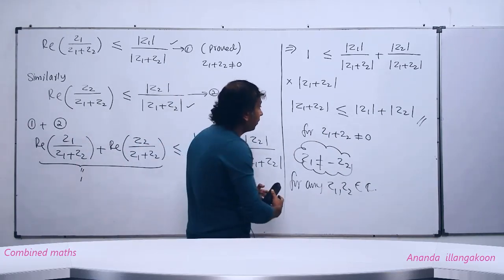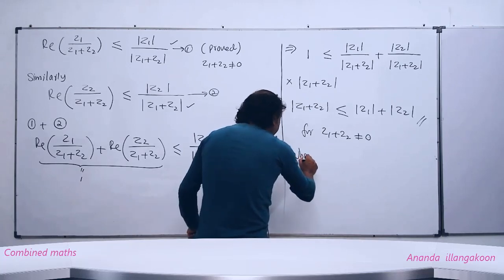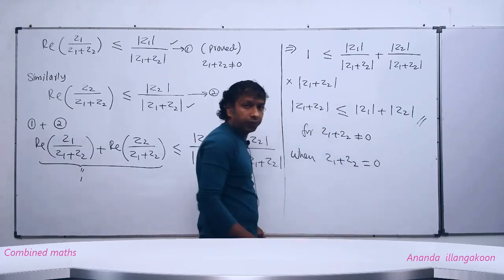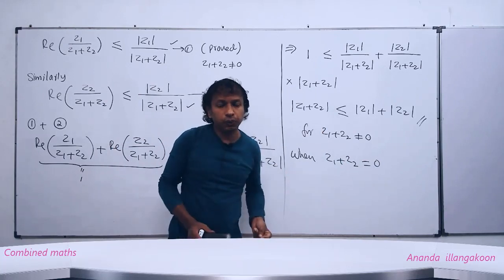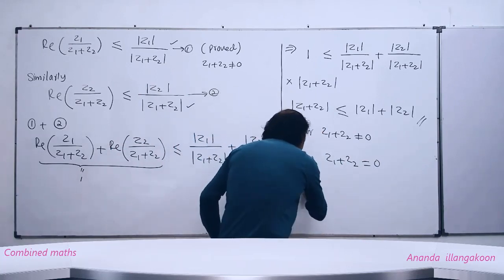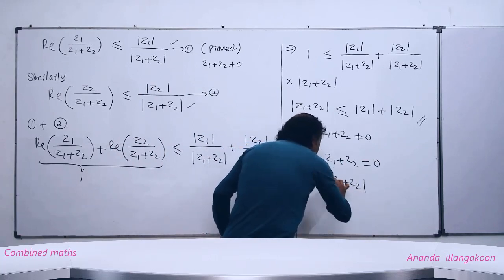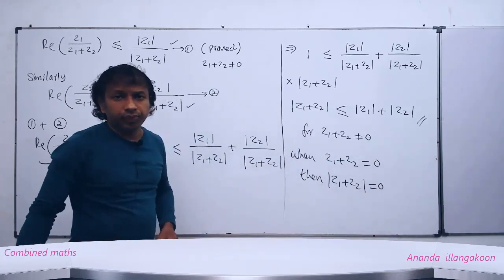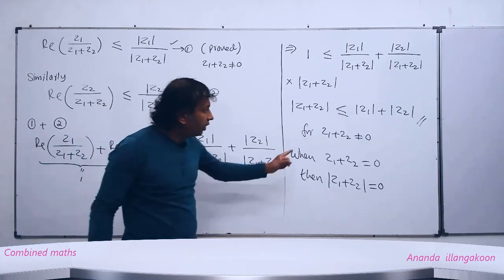Then after this, people, we can write, when Z1 plus Z2 equal to 0, Z1 plus Z2 is a complex number. It is now 0. Complex number 0 means, people, its modulus also 0. Then modulus of Z1 plus Z2 equals 0. When the modulus of Z1 plus Z2 is 0, people, see whether this is true.